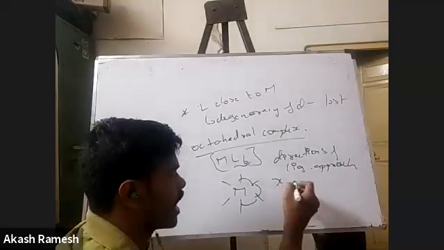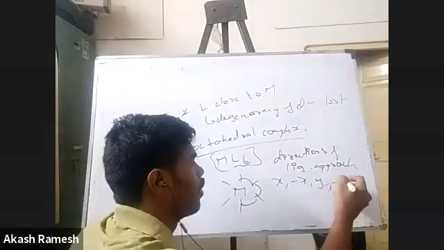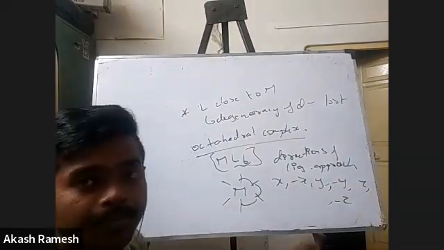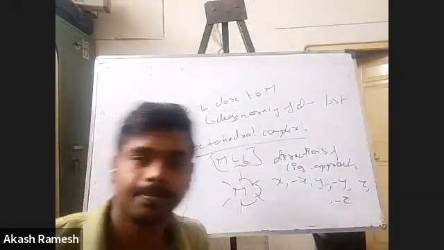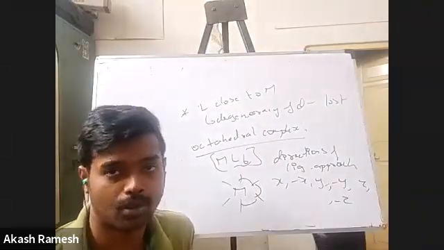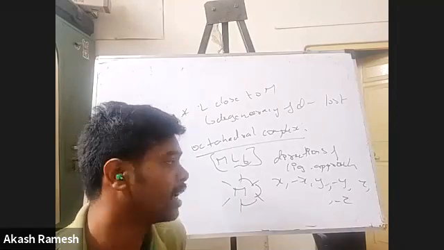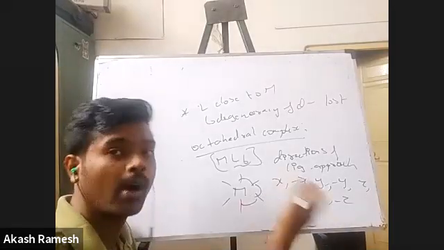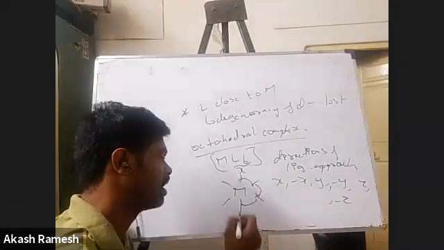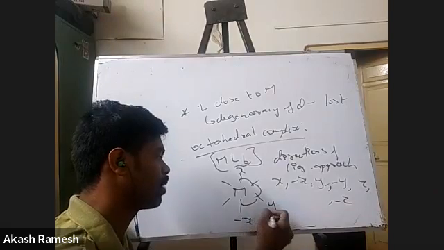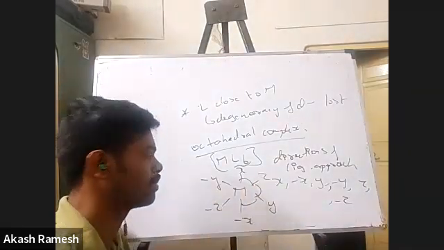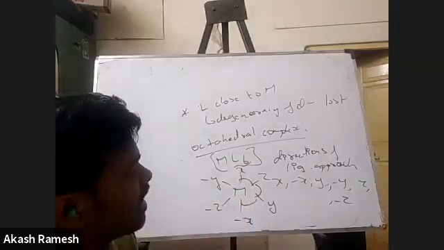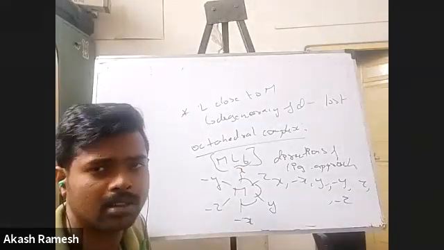The 6 directions can be x, minus x, y, minus y, z, and minus z. These will be the directions of ligand approach. Is it not? Because obviously all these are mutually perpendicular. x and minus x will be 180 degrees apart. Say, for example, this is x, this is minus x, this is y, this is minus y, this is z, and this is minus z. 6 directions. So these are the directions of ligand approach in an octahedral complex.